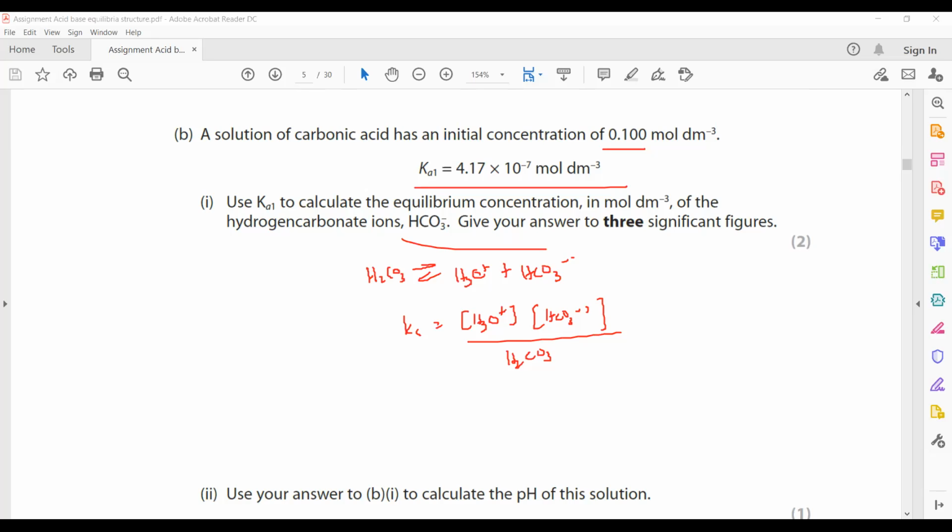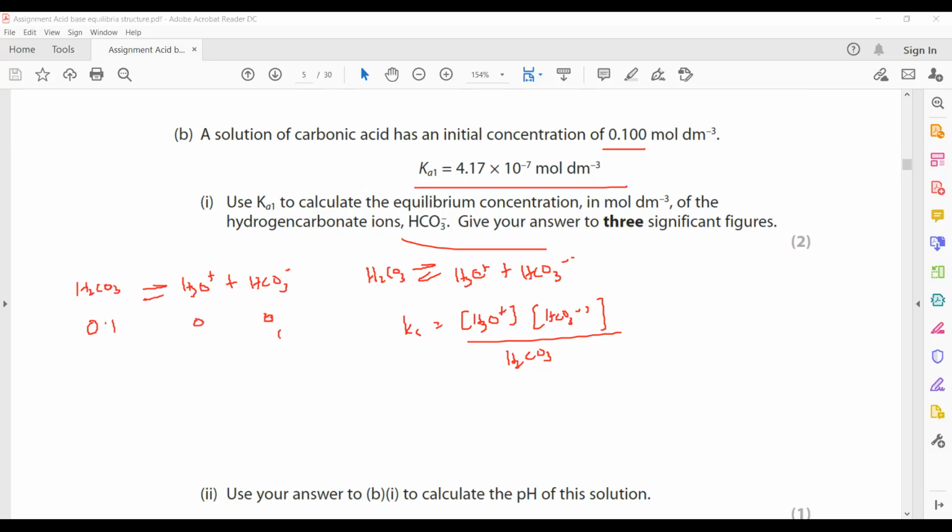Now what is our assumption here? Because we have H2CO3 dissociating into H3O+ and HCO3-. The original concentration for H2CO3 was 0.1. So this was 0 and 0.